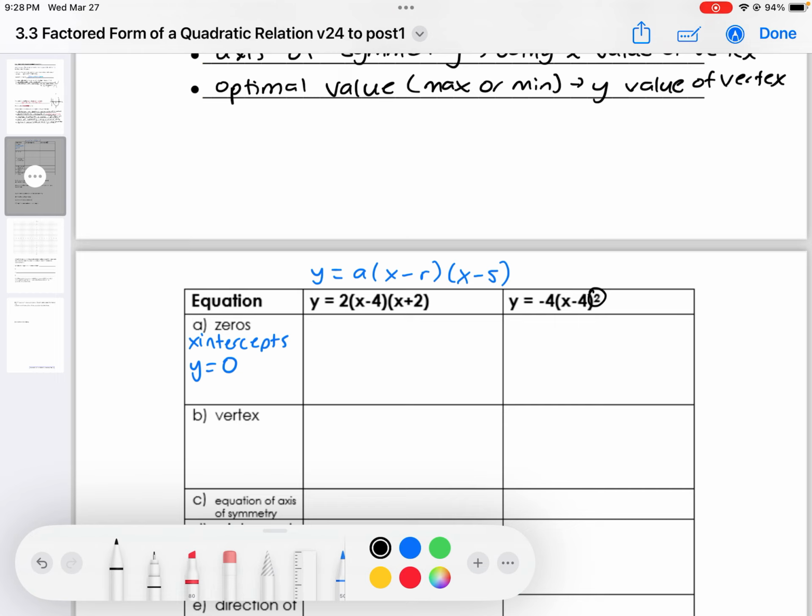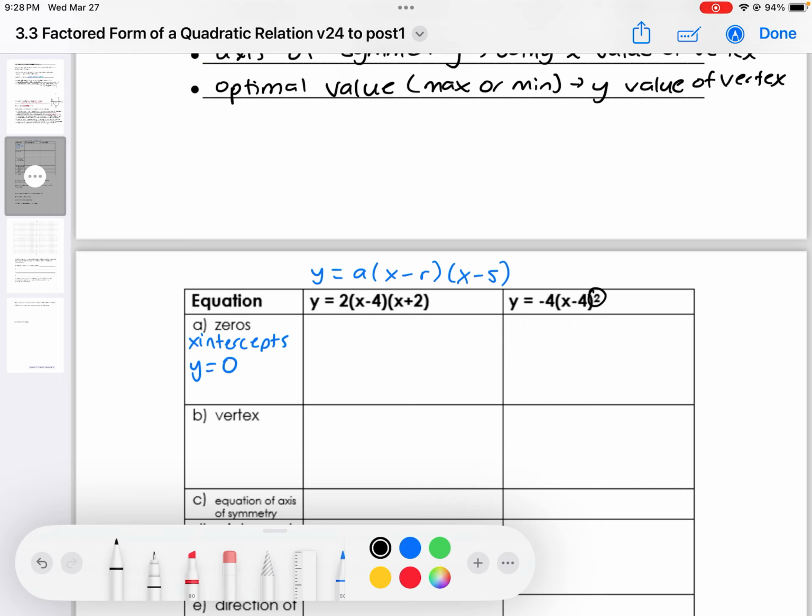many equations, many parabolas will have two zeros. So equation number 1 definitely has two zeros or two x-intercepts because there are two brackets that have an x term. So the issue is the way that we write the general factored form of a parabola, we write x minus r and x minus s.